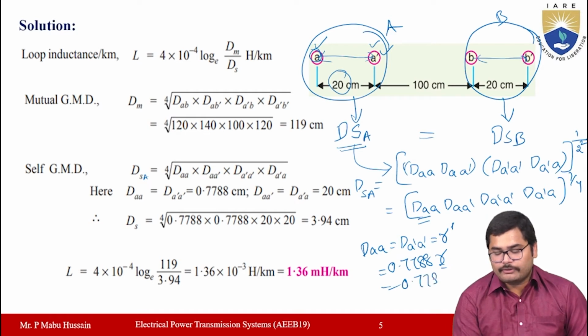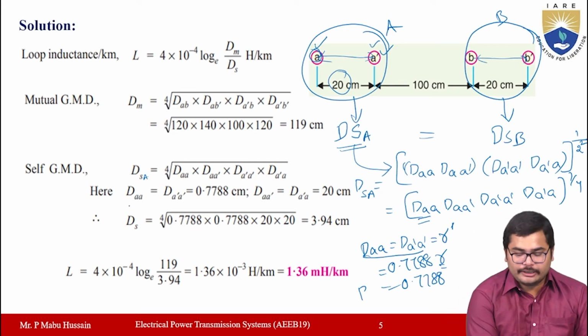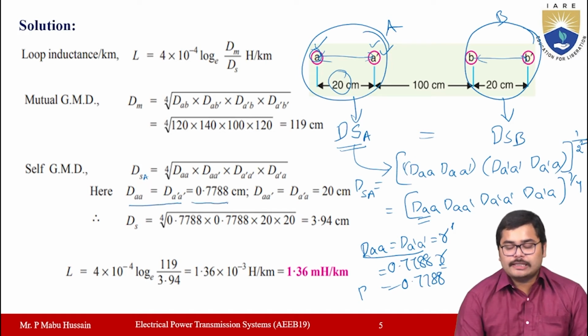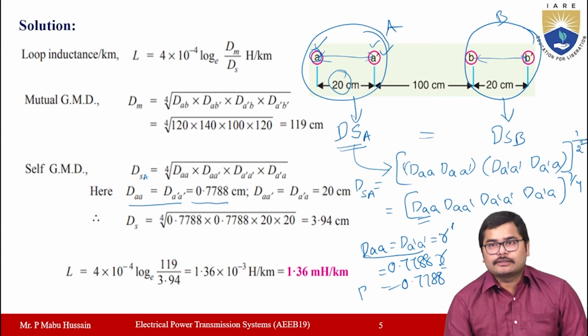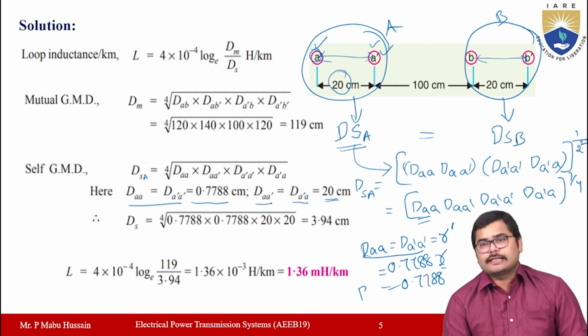So 0.7788 centimeters will be the value of DAA, which is equal to DA dash A dash. Now the distance from A to A dash as well as A dash to A, both will be the same, equal to 20 centimeters.